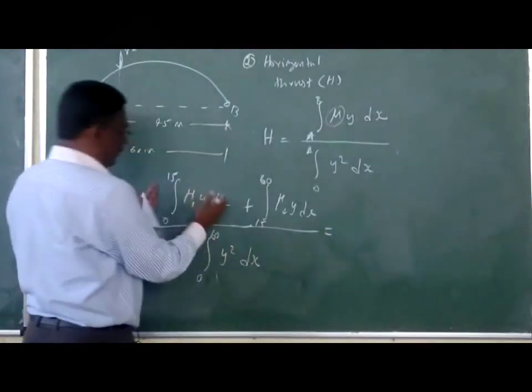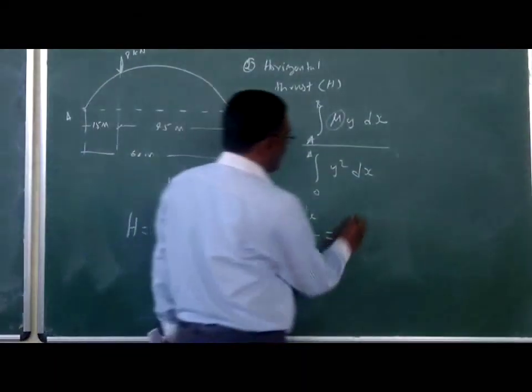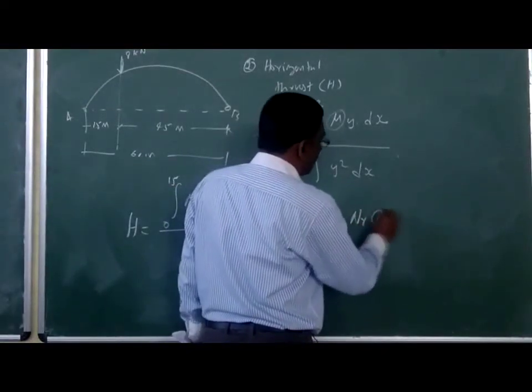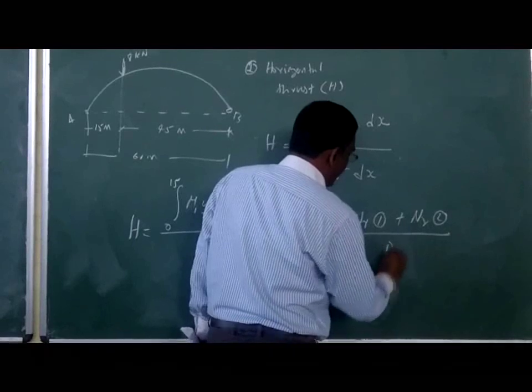So we have got two numerator components and one denominator component. So it can be written as numerator 1 plus numerator 2 divided by the denominator.